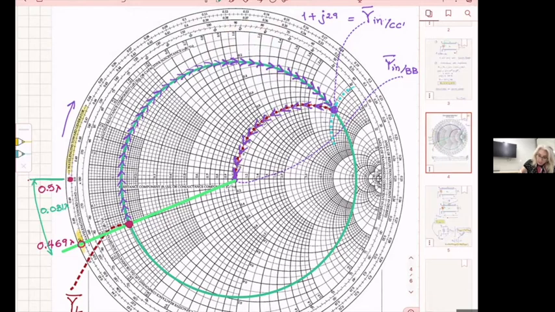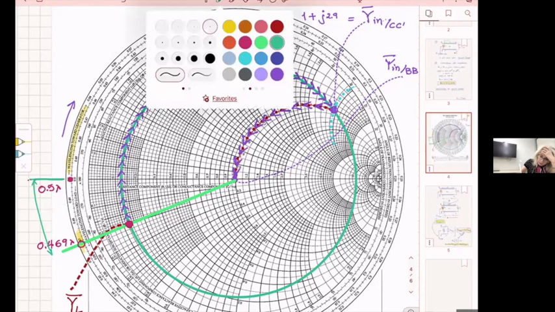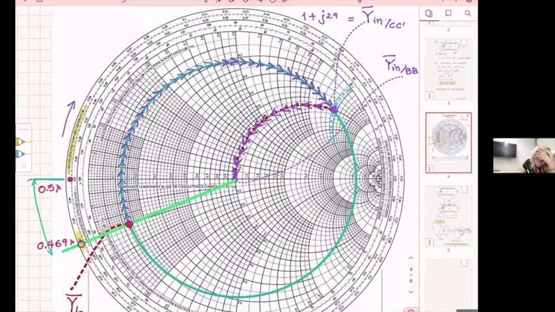So let's try to do it carefully. It's not 3. So it's 0.031, that's what it is, lambda.